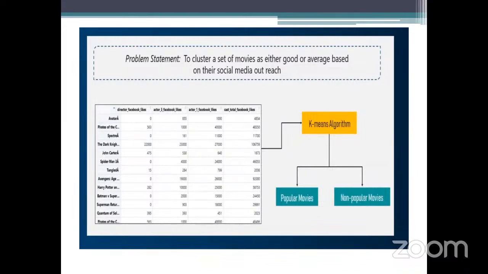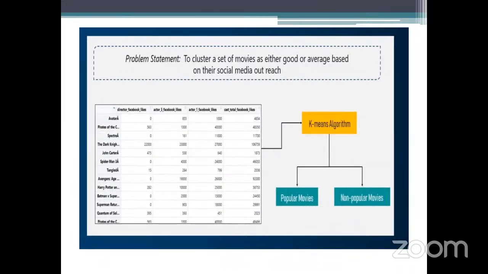Moving on to the next problem. Here the problem statement is to cluster a set of movies as either good or average based on their social media outreach.